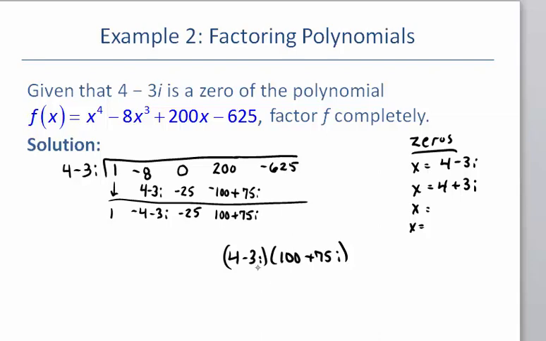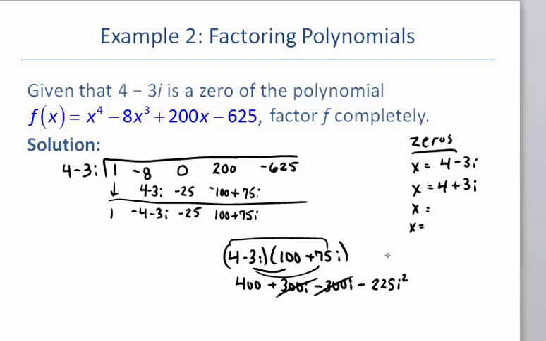All right, first times first is going to give me 400. Outside is going to give me positive 300i. Inside is going to give me negative 300i. And last is going to give me negative 225i squared.